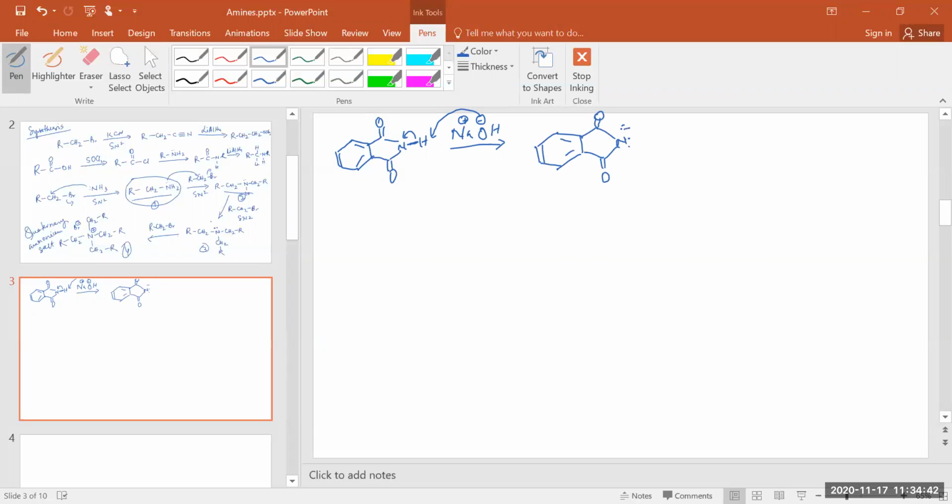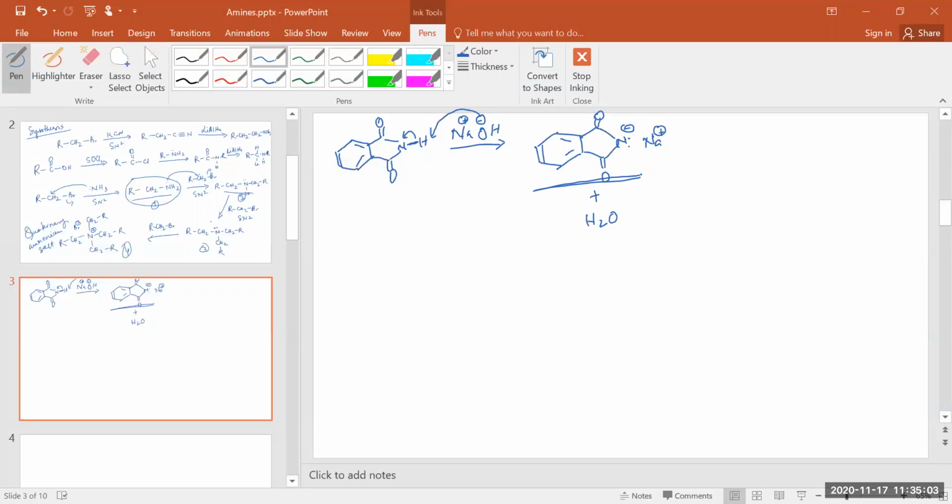What will happen here? A negative charge, sodium will be the counter ion, plus we'll have water. This is a good nucleophile, sodium phthalimide.